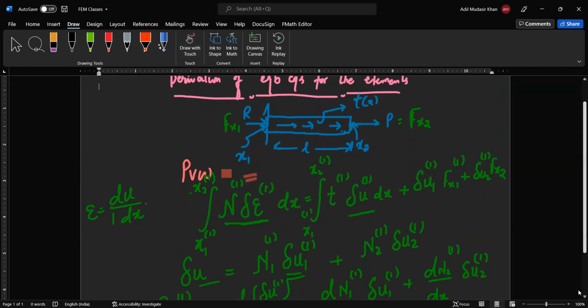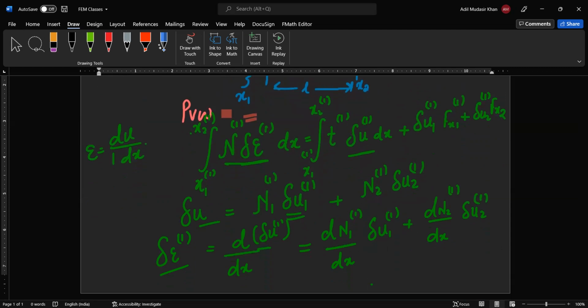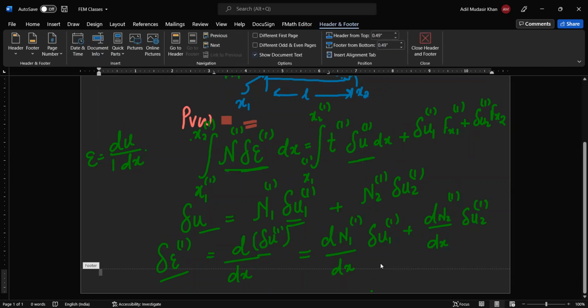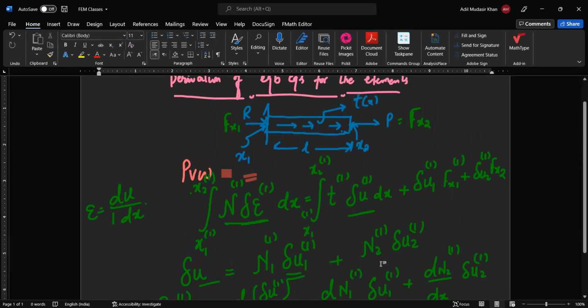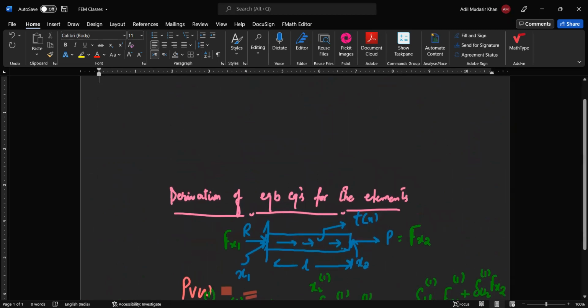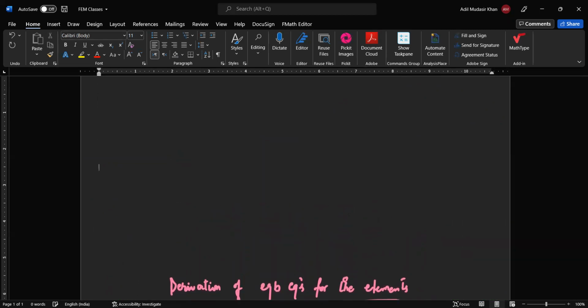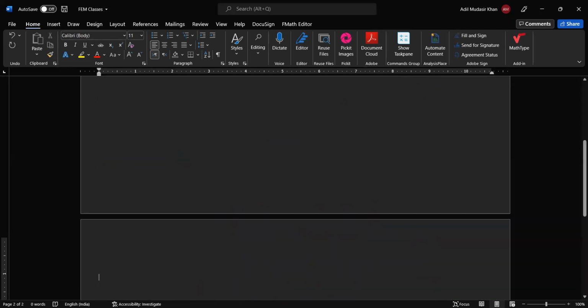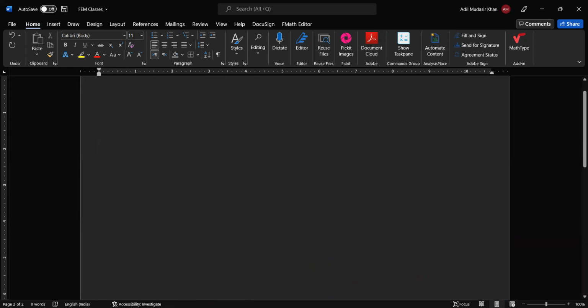Let me configure my whiteboard for some time. This analysis is very important, and in most cases we have seen some important things missing from the textbooks, and that's why there's a little bit of complexity students usually face while they are solving FEM problems.